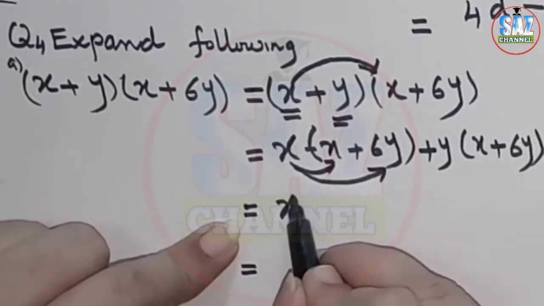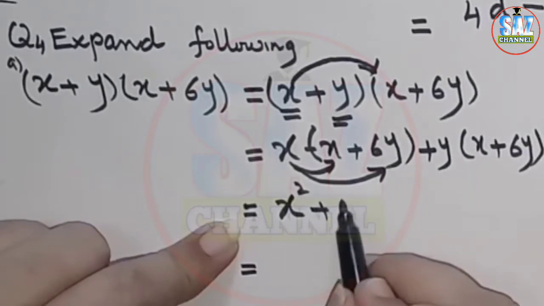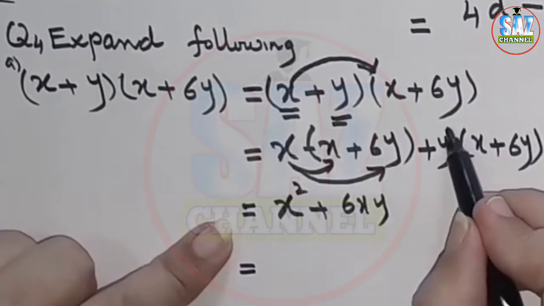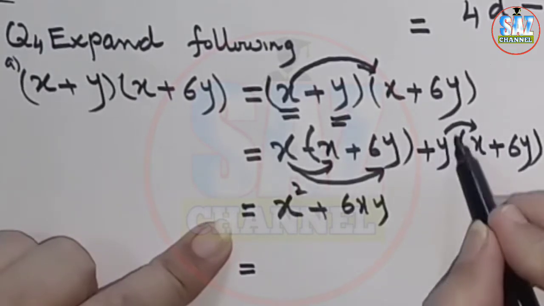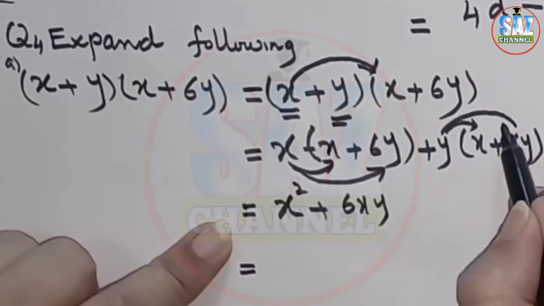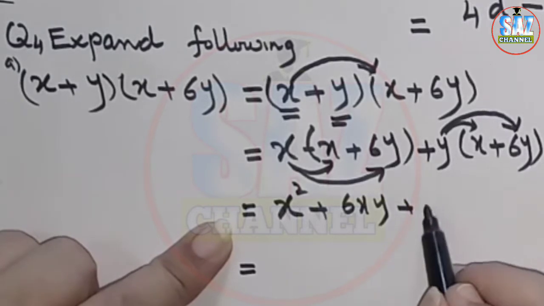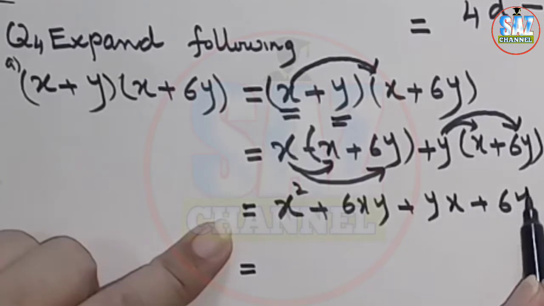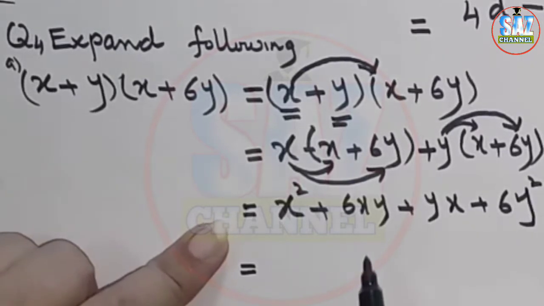Then again multiply this x with every term inside the bracket. This will become x square plus 6xy. Coming to the second part of the question, y will be multiplied by every term inside the bracket. This will become yx plus 6, y multiplied by y will give me y square.